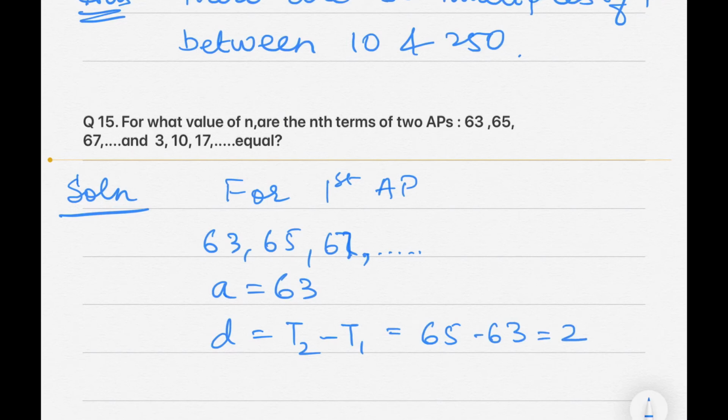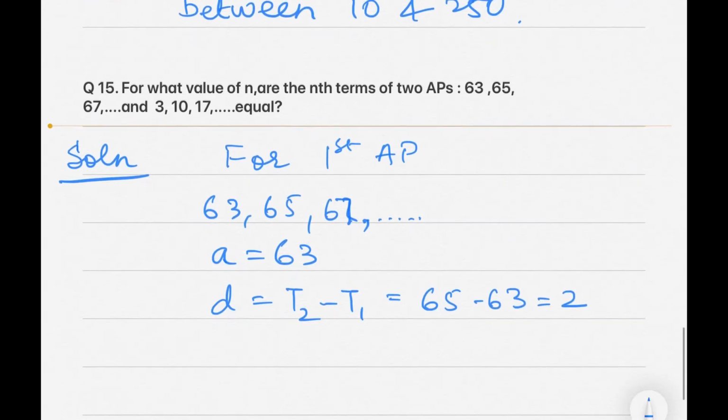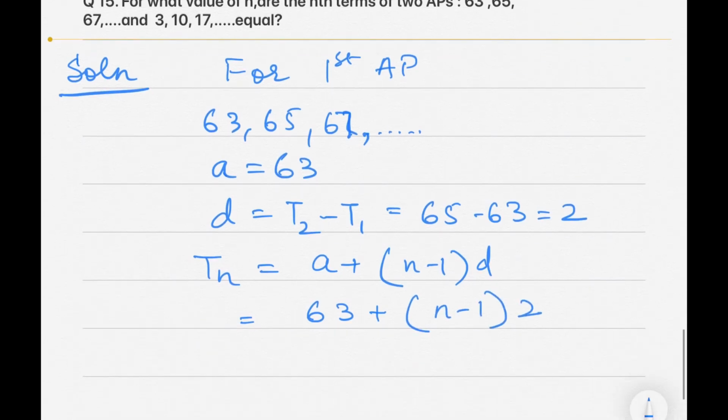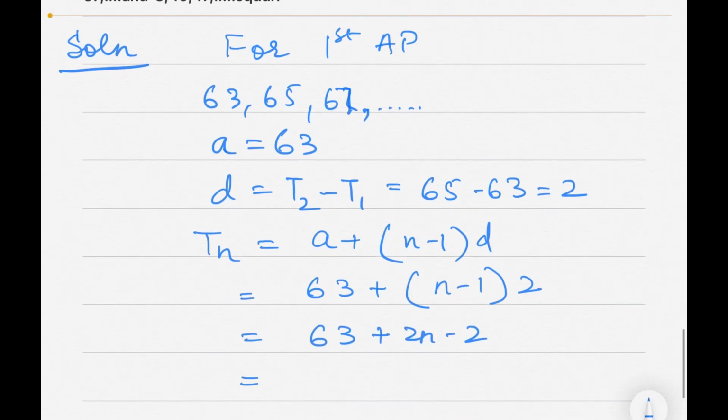Now I have to find the nth term, so my Tn is equal to A plus n minus 1 into D. So the nth term will be equal to 63 plus n minus 1 into 2. So this equals 63 plus 2n minus 2. So then I get 61 plus 2n. This is my nth term.